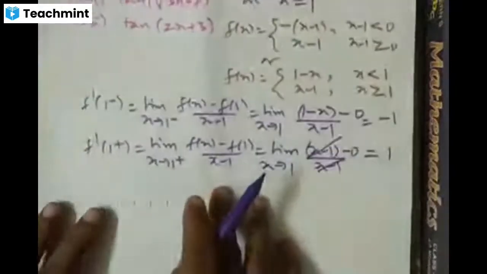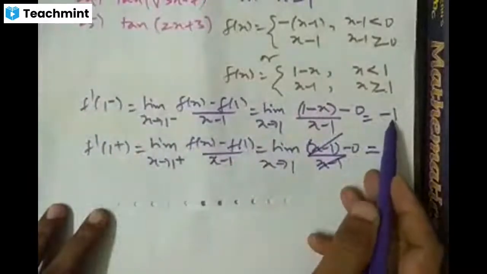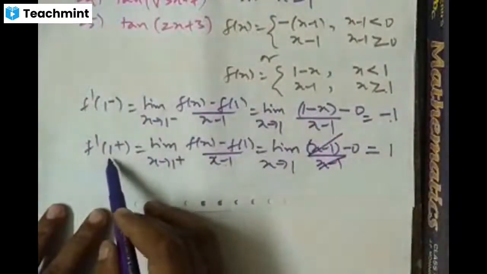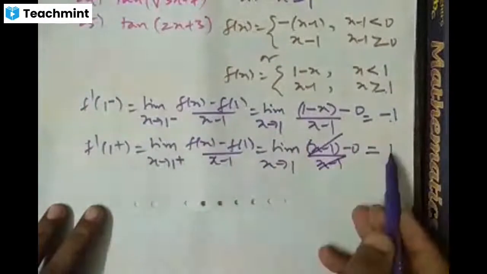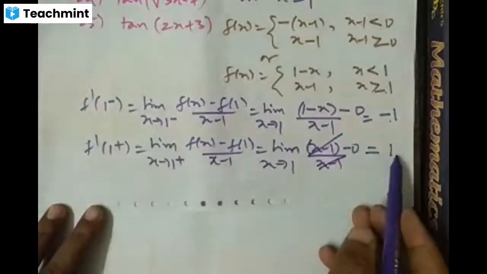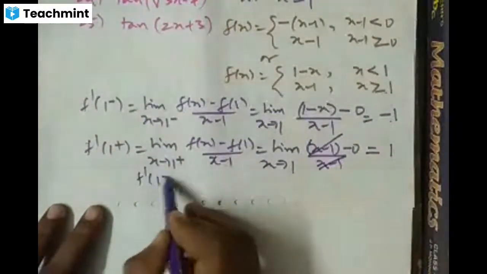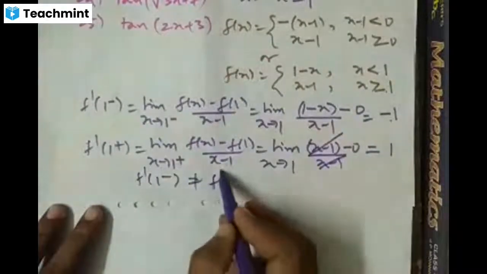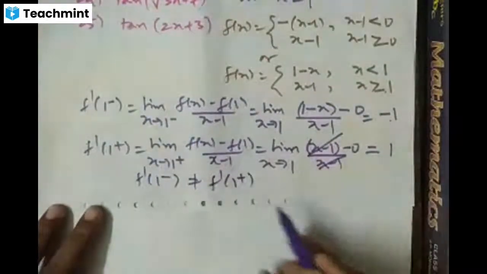So we got the left hand derivative of the function at x is 1 as negative 1. The right hand derivative of the function at the point x is 1 is positive 1. They are not equal. The left hand derivative is not equal to the right hand derivative of the function at the point x equal to 1.